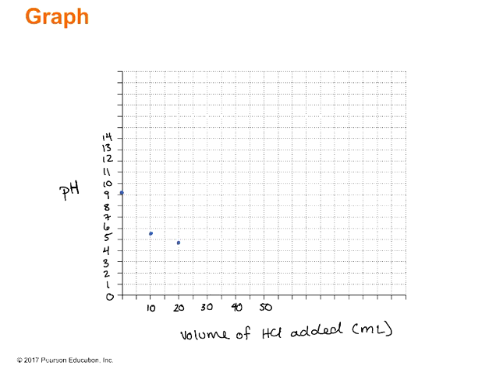And then we said that at the equivalence point, we had added 31.25 milliliters. So that's about here. And the pH at that point was 3.24.